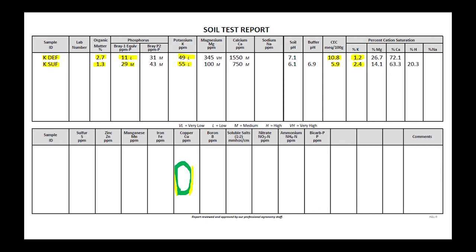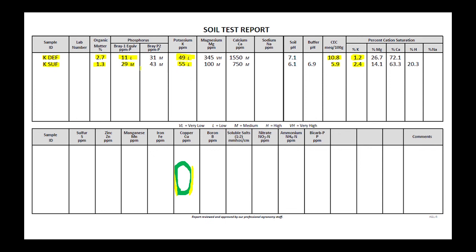And that can happen where you think everything's hunky-dory, you pull a tissue test and find out that for some reason you're deficient. And that's why I like to tissue test in season, soil test in the fall. And if we run into a problem, I both soil test and tissue test, because we would have thought, based off the soil test, that this deficient area was the only one that really needed potassium in season.